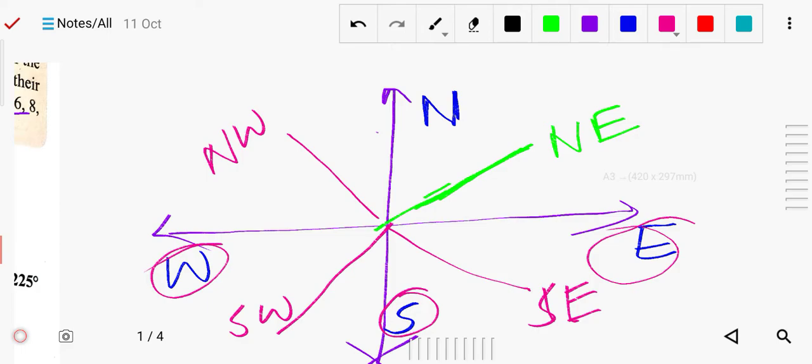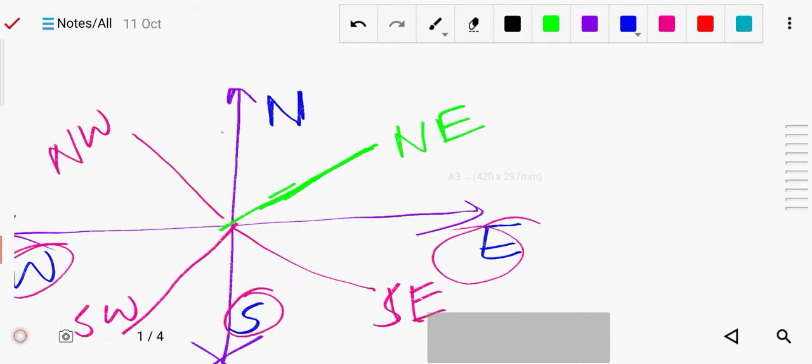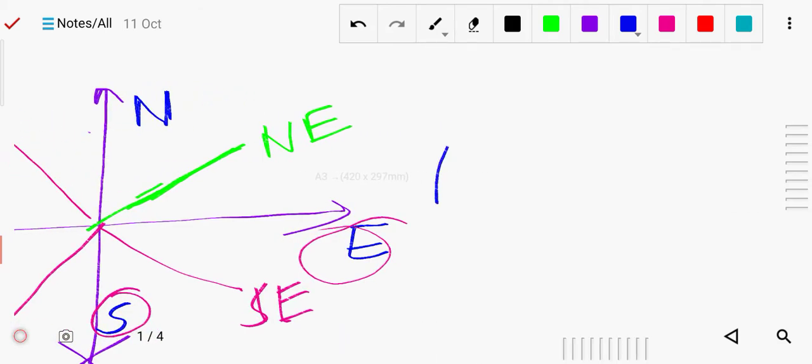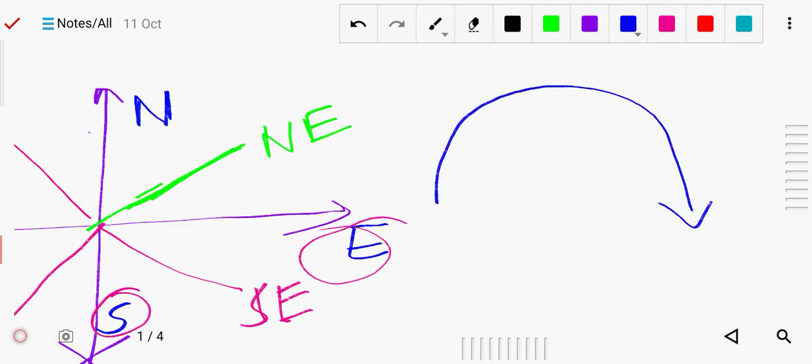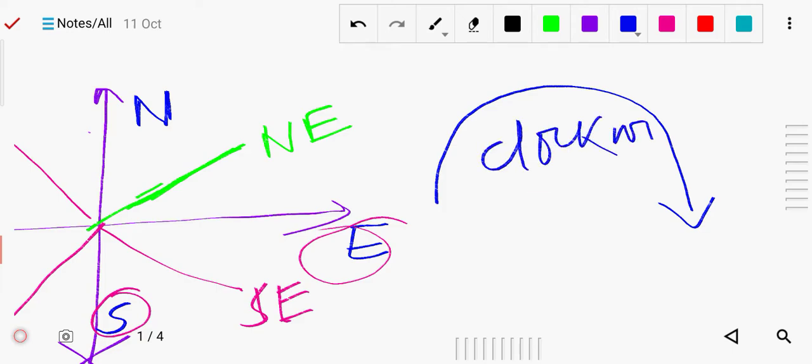Another thing is clockwise and anti-clockwise. How will you move? Clockwise means the way the clock hand in our watch moves. If you are moving from here to here, this is your clockwise.